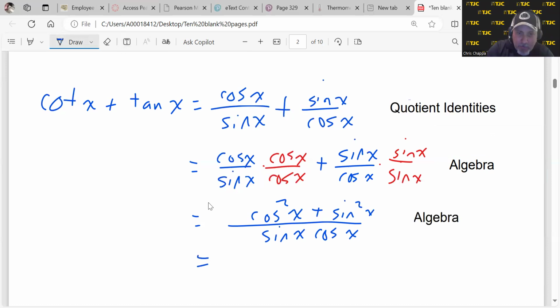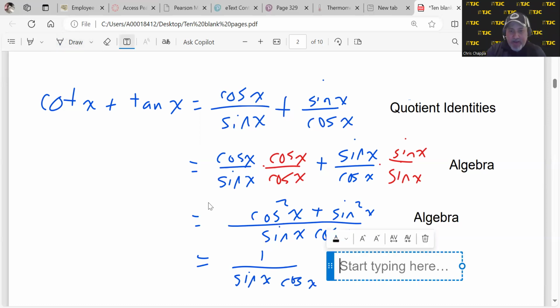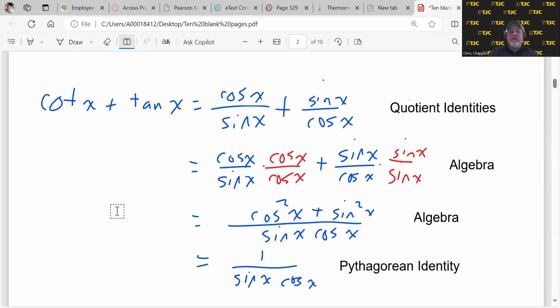And then on the next move, we turn the top into 1. And the reason we did that was a Pythagorean identity. So we would go to the side and say Pythagorean identity.